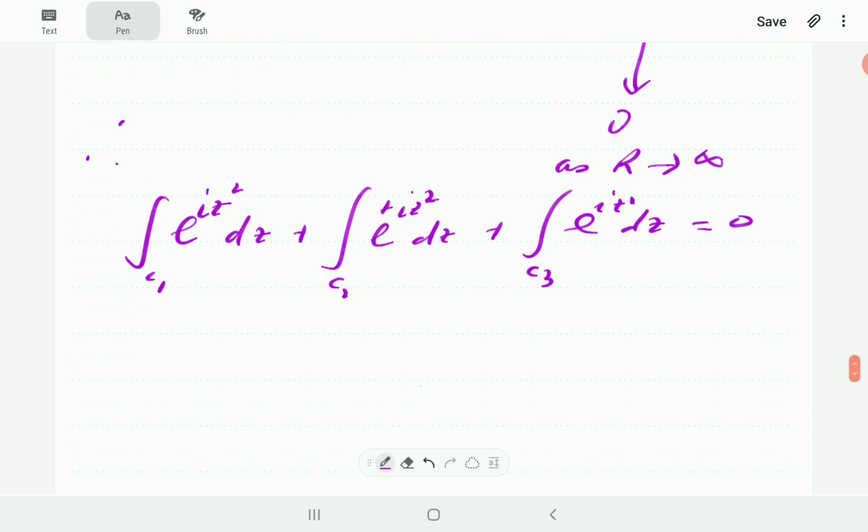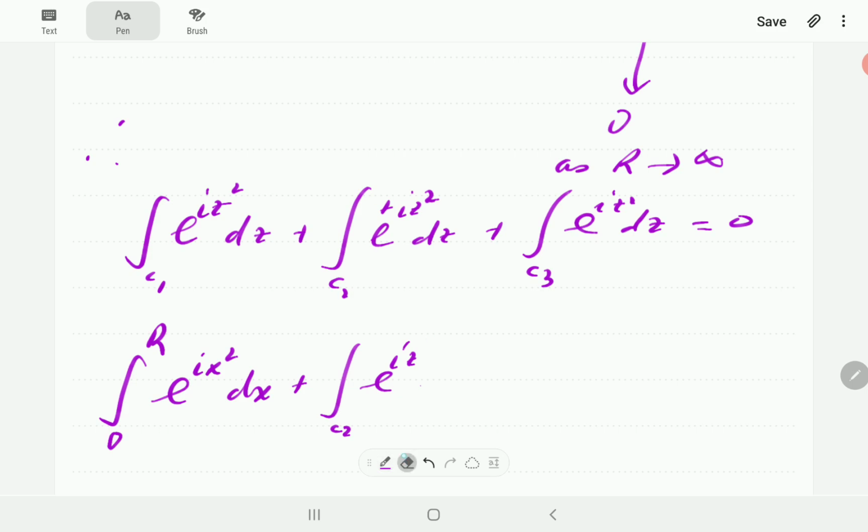Along C1, z is just equal to x. So that's just going to be e to the ix squared. So this is going to be the integral from 0 to r of e to the ix squared dx.